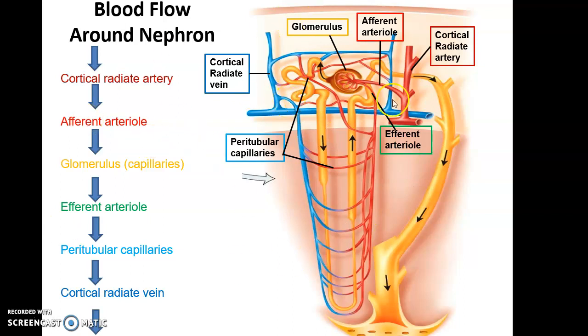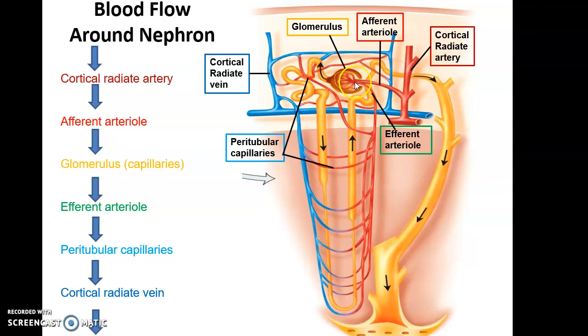Again, here's just another view of the blood flowing around a structure known as the nephron, which is the functional unit of the kidney. So again, here is the cortical radiate artery, and branching off of it is a small microscopic vessel called the afferent arteriole.